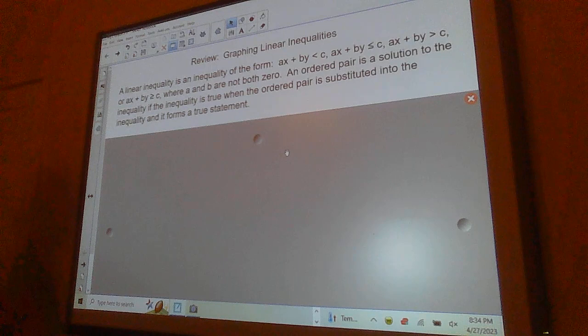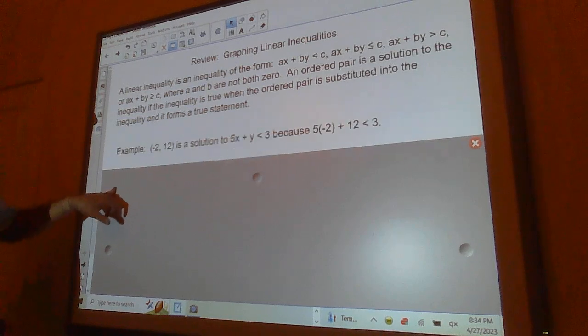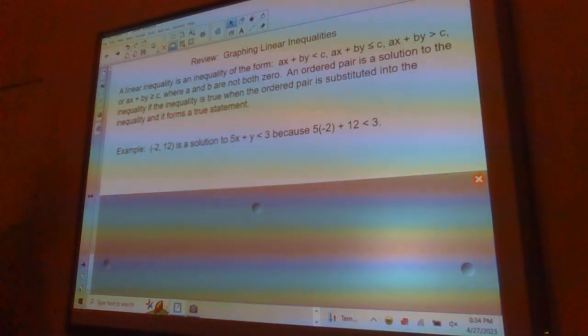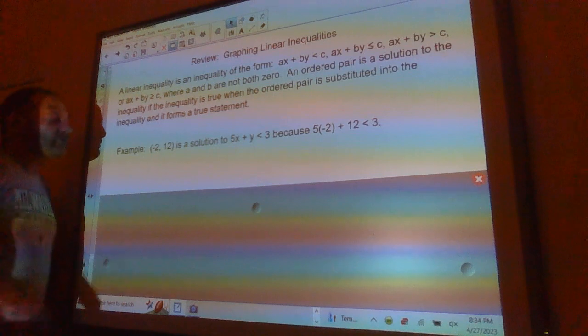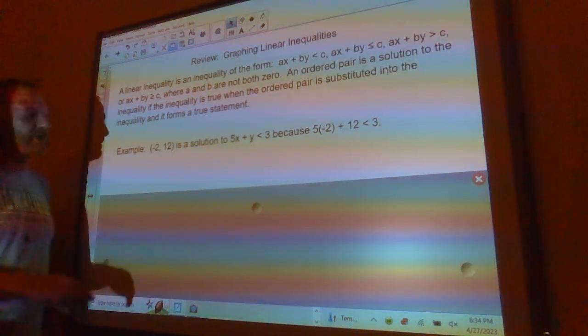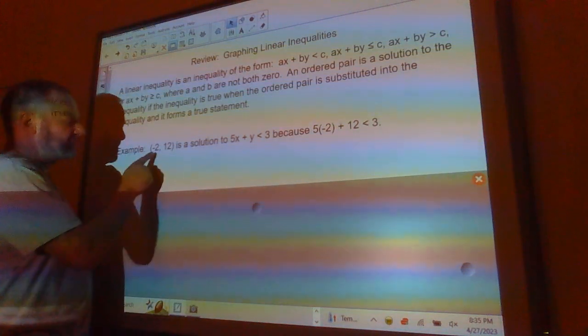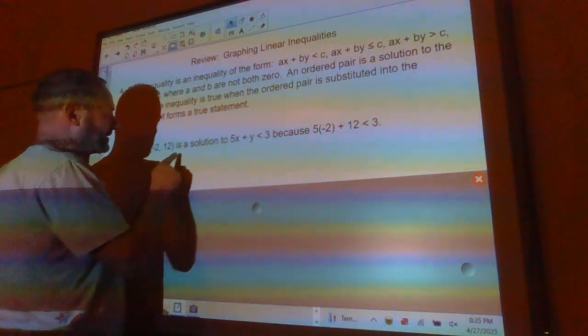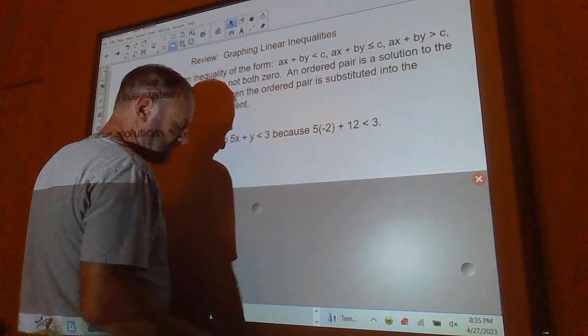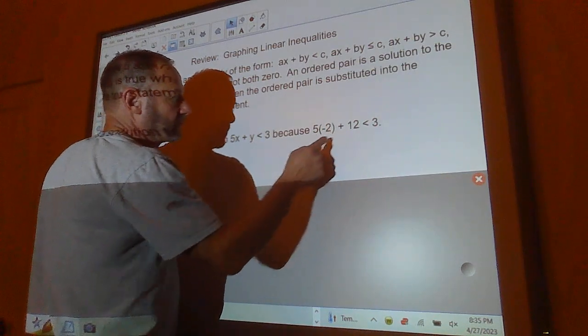An ordered pair is a solution to the inequality if the inequality is true when that ordered pair is substituted into the inequality and it forms a true statement. So, for example, (-2, 12) is a solution to 5x plus y is less than 3, because if I substitute -2 for x and 12 for y, I get 5 times -2 plus 12.